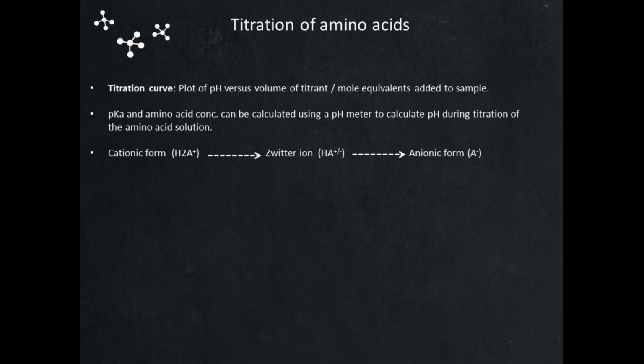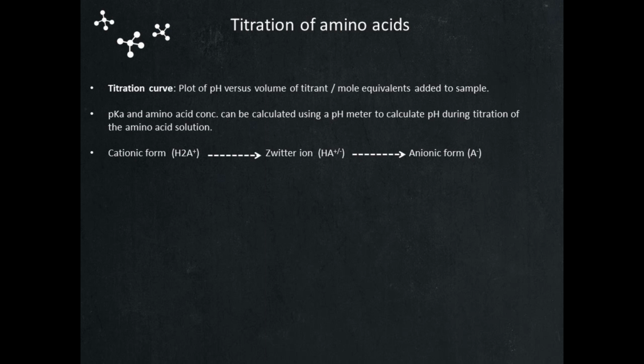Say, for example, we use a base as a titrant, then initially we observe that the predominant species of ions present in the amino acid solution will be the cationic form, which upon increasing the pH will become a zwitterion, and finally we see that the predominant species will be the anionic form.